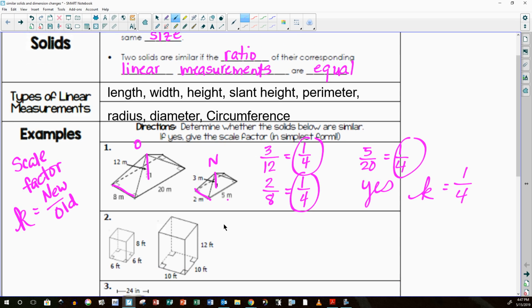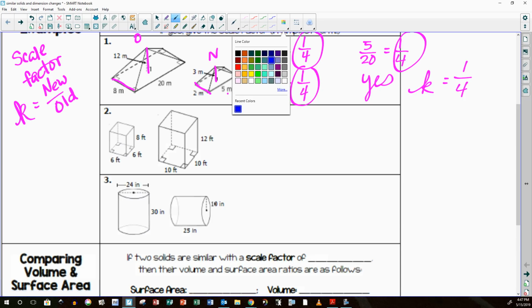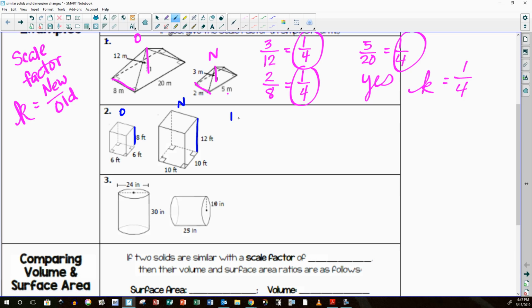So now we'll do another one. Looking at number 2, I'm going to change the color so we can separate between 1 and 2. This is the original, this is the new. I'm going to compare their heights, new over old. Then I have 10/6, and then 10/6.